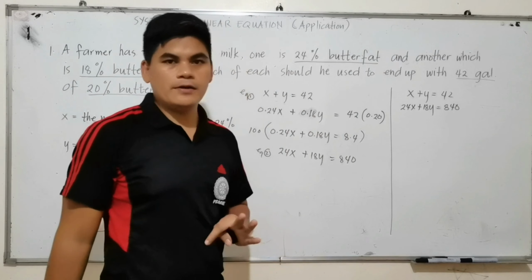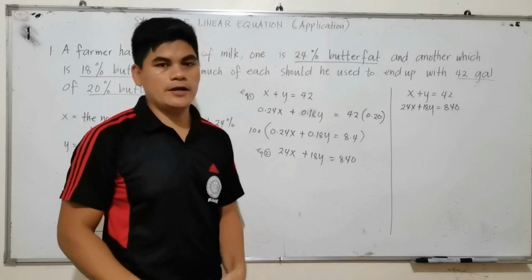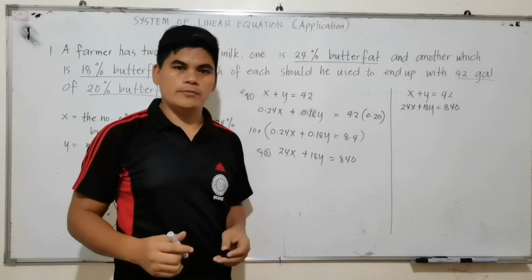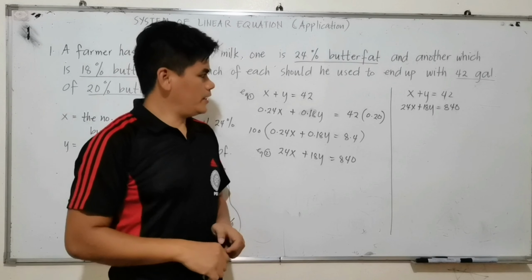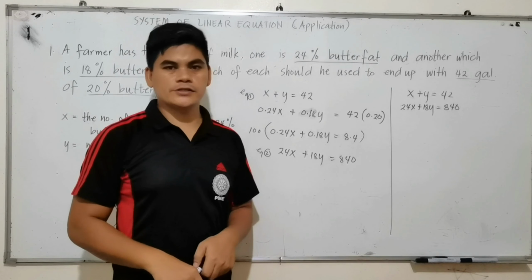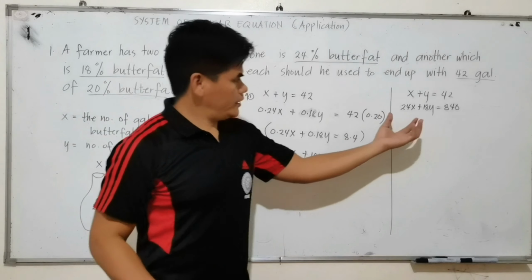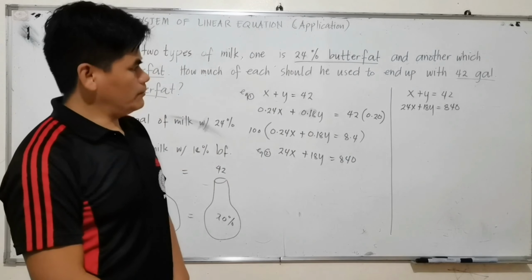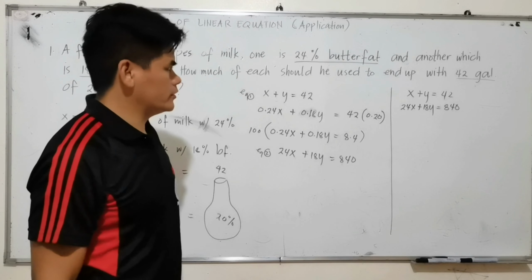There are three methods in solving a system of linear equations. Number one is graphing. Number two is elimination. Number three is substitution. But in this case, I will be using the elimination method.